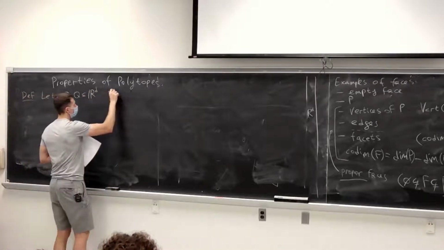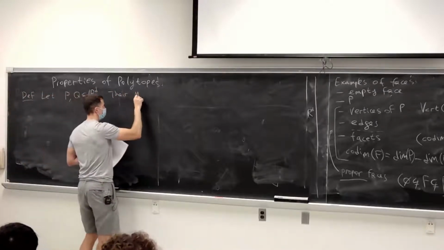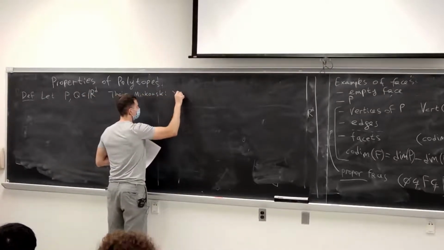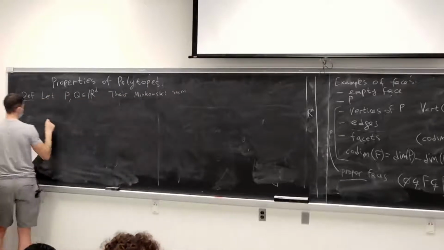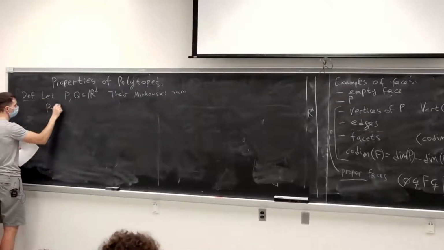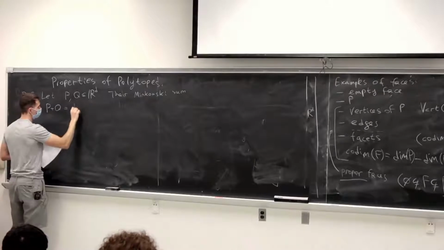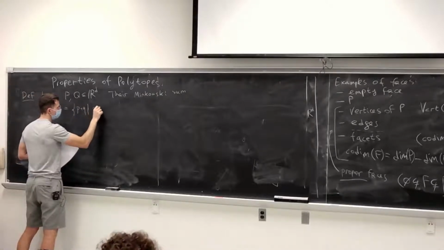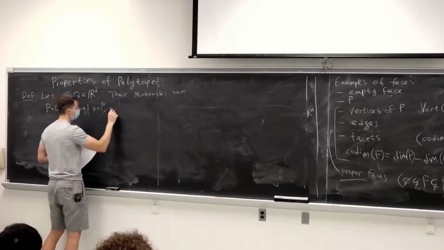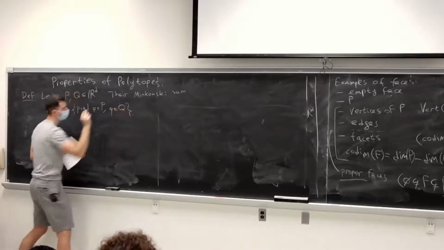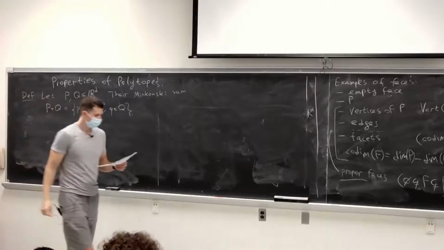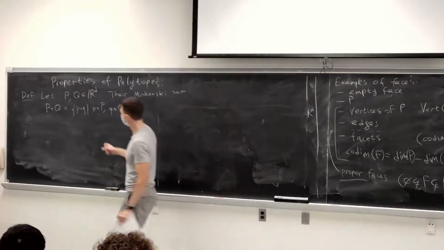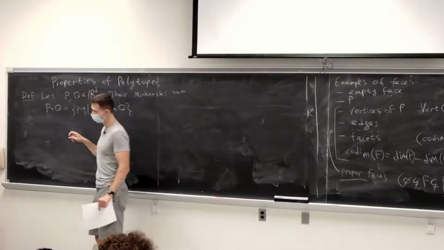Then their Minkowski sum P plus Q is the set of all pairwise sums p plus q, where little p is in capital P and little q is in capital Q. So you just sum up all points in this one plus all points in this one.